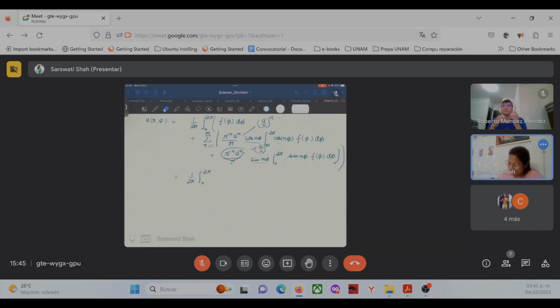Oh, sorry. My mind is just elsewhere. I am already writing this integration here. Okay, so f phi d phi plus summation n varying from 1 to infinite a over r to the power n integration 0 to 2 pi cos n phi plus sin n phi.